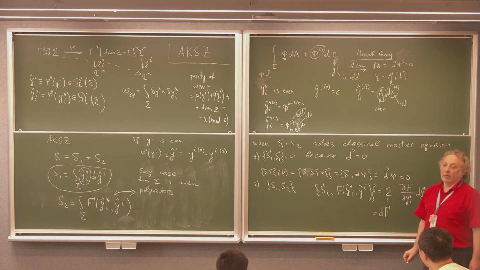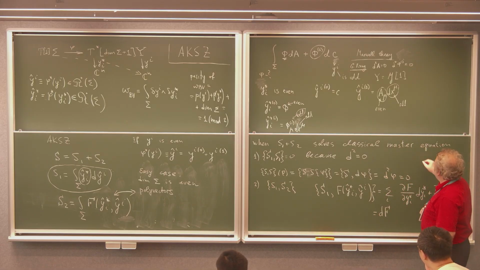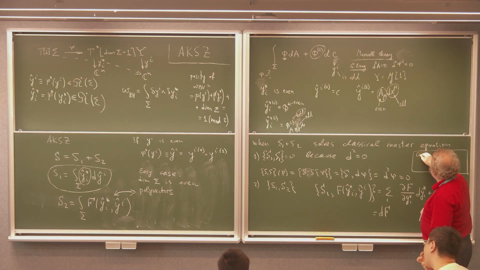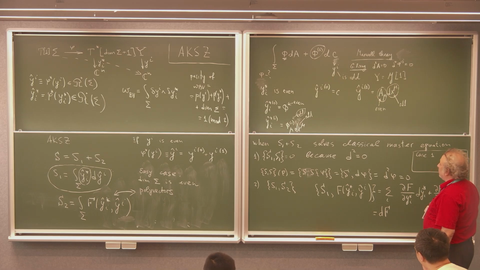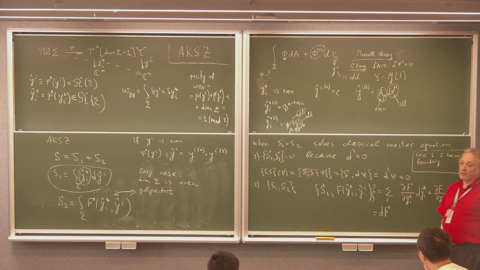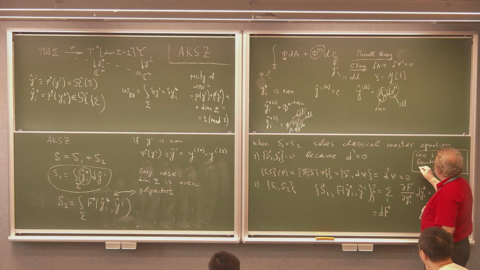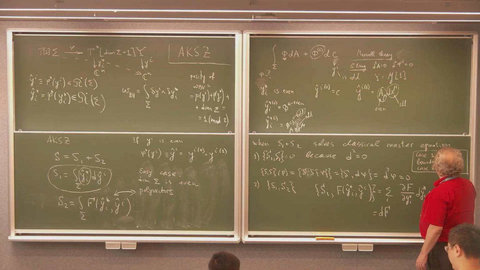And now there are two important cases. Case one. Sigma has no boundary. Then this term vanishes. Case two. Sigma has a boundary.